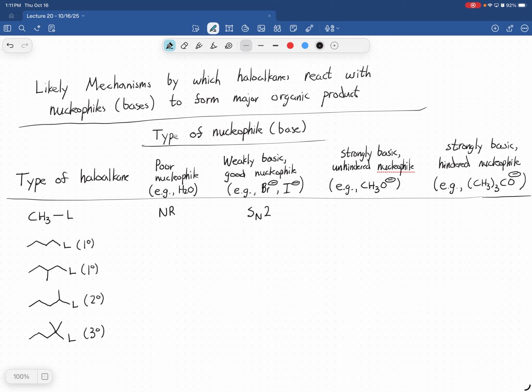All right, so here, the carbon, there's no additional carbon atom to do elimination. So in this case, all the other types of nucleophiles would proceed through SN2. Okay.